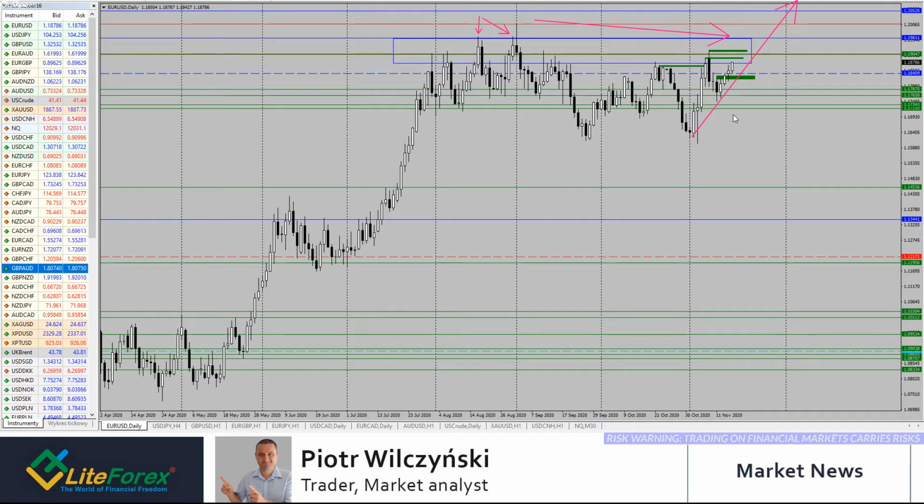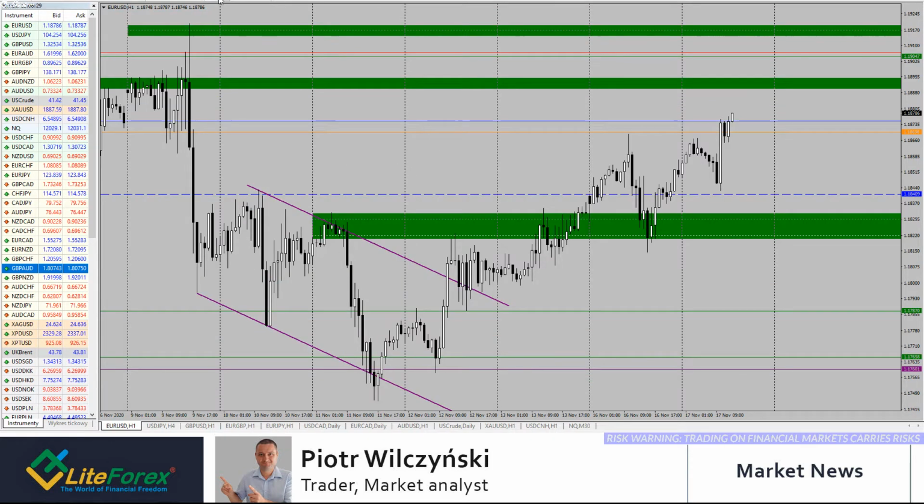Once we move above 1.20, that's going to be a significant development from the medium and long term perspective. But as I mentioned before, we are awaiting some US data that might be crucial from the dollar perspective. So that's going to be quite interesting from the intraday perspective.